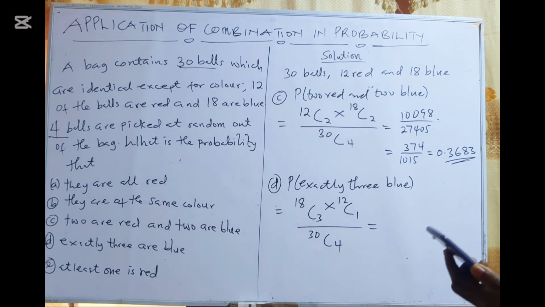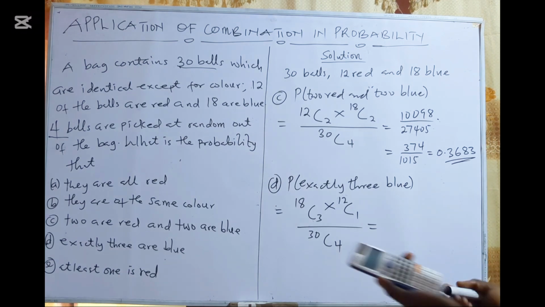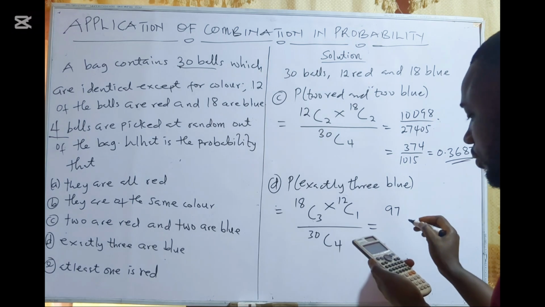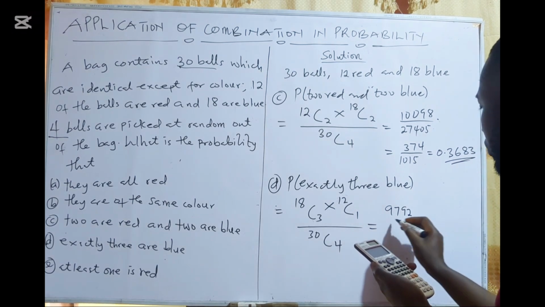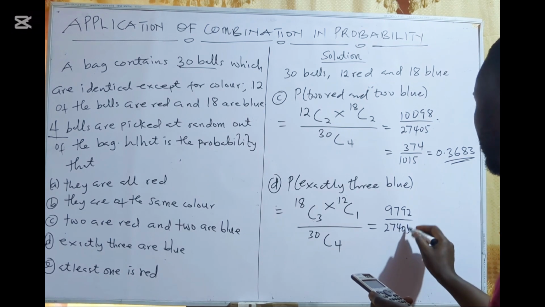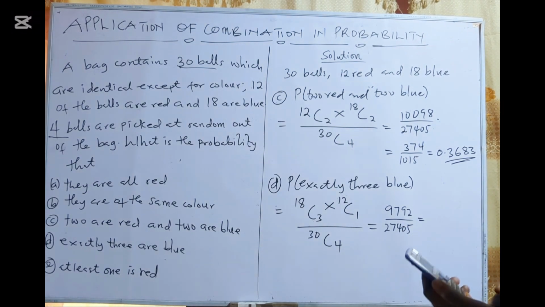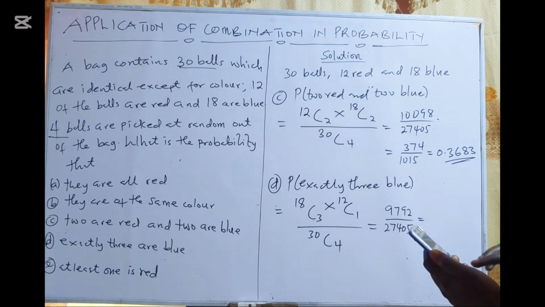Simple. So 18 combination 3 times 12 combination 1. That will give us 9792, all divided by 27405. So let me divide 9792 by 27405.